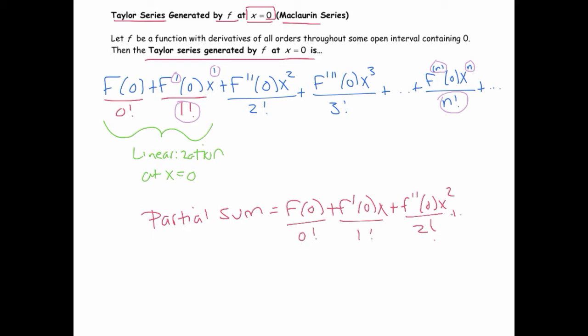Let's just say you did it all the way up to the nth. Right, so notice this time I stopped. I'm not putting a dot dot dot after that. Then this is the Taylor polynomial.